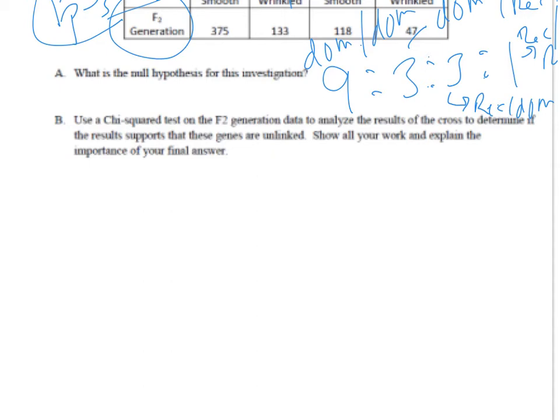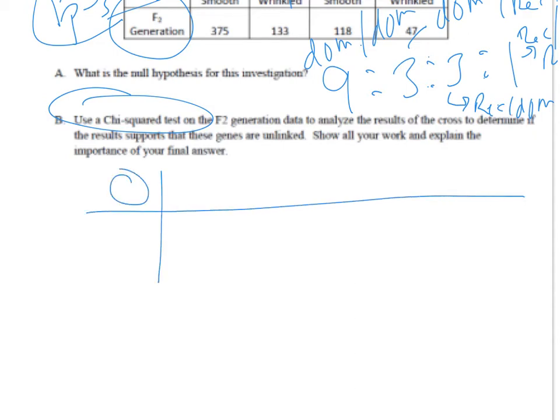So if I'm doing a chi-square analysis to see if this supports my null hypothesis that they follow Mendelian patterns, I'm going to need to take my observed. So I've got purple and smooth, yellow and smooth, purple and wrinkled, and yellow and wrinkled.